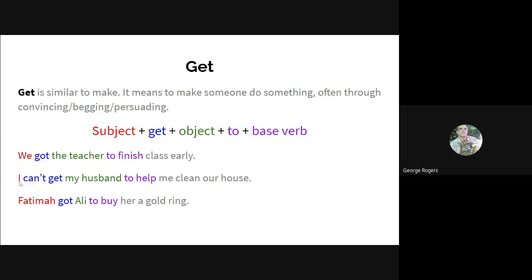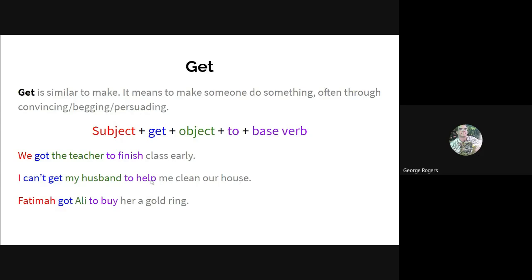Example number 2: I can't get my husband to help me clean the house. So this person, a wife because it says my husband, is saying she can't. She's trying to persuade or convince her husband, but she can't.